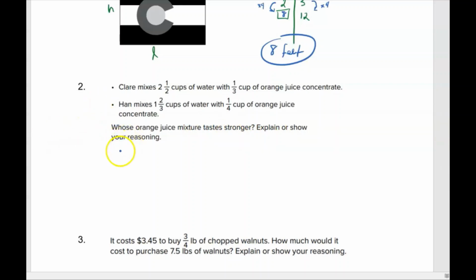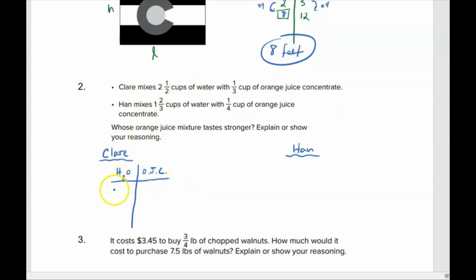Okay, so I'm going to say Claire, talk about her mixture over here, and Han's mixture over here. And I'm going to be comparing the amount of water with the orange juice concentrate. So I'm just going to abbreviate H2O for water with my orange juice concentrate. Again, I'm just abbreviating to shorten things up.